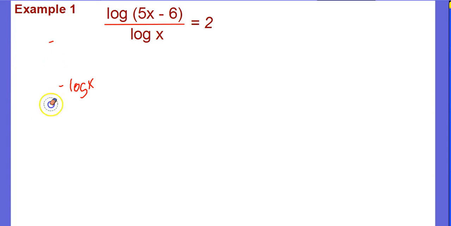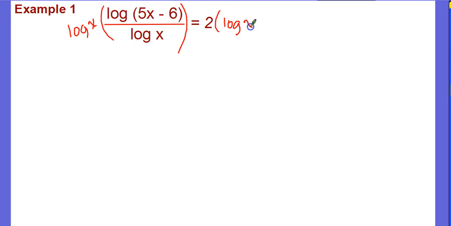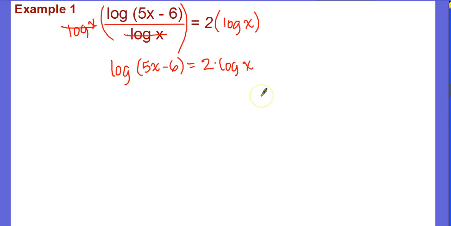So what I'm going to do to solve this problem is clear the fraction. Multiply both sides times the log of x so that I can cancel on the left and clear the fraction. So you have the log of 5x minus 6 equals 2 times the log of x. And this 2 is not a separate term from the log of x.